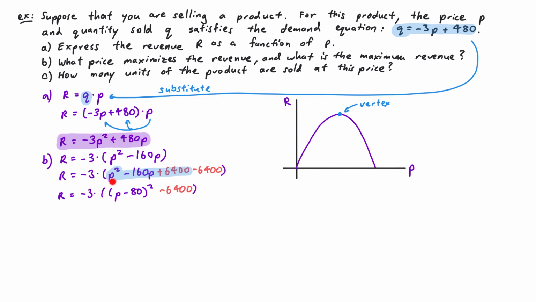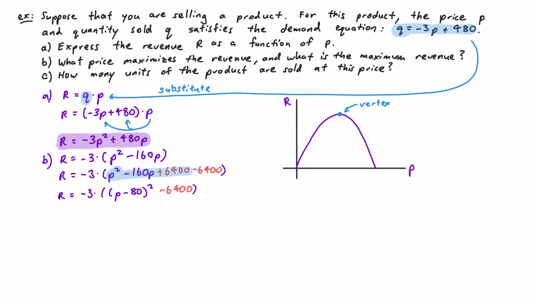We know that P² - 160P + 6,400 factors as (P - 80)² because in the completing the square process, the way it factors is always your variable with half of the middle number. That's why we have a -80 here.